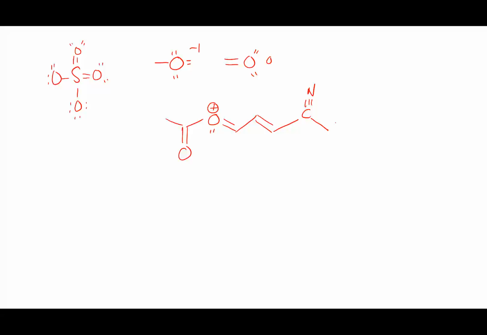In this case, I have a positive charge, and whenever I have a positive charge and I want to write resonance structures, I need to move electrons towards the positive charge. It's just the opposite if you have a carbon with a negative charge, or an oxygen with a negative charge. Then you take the negative charge and move it away to start the cascade that ends up with the resonance structures.